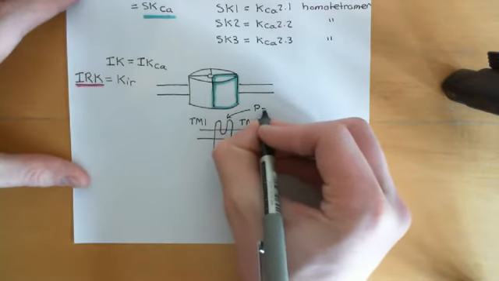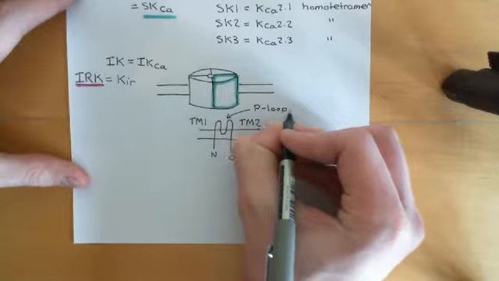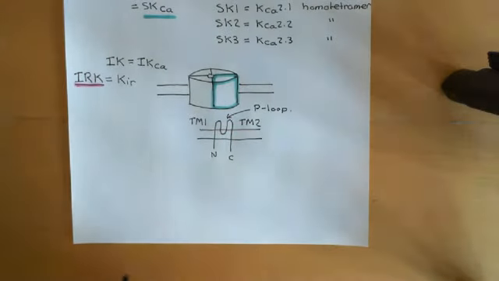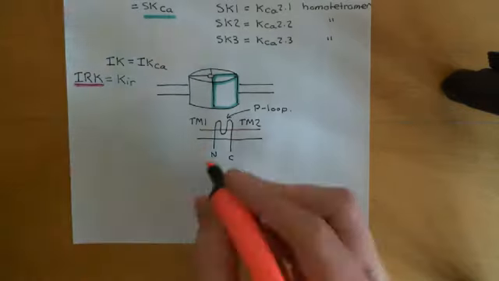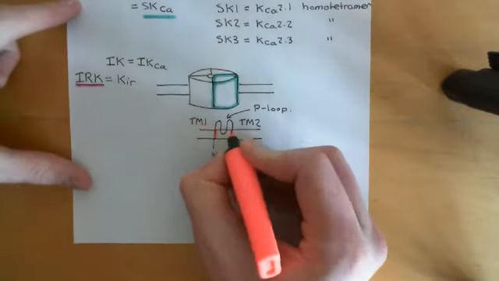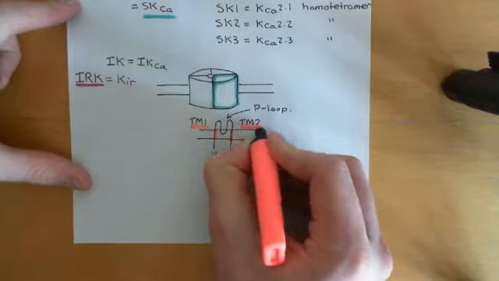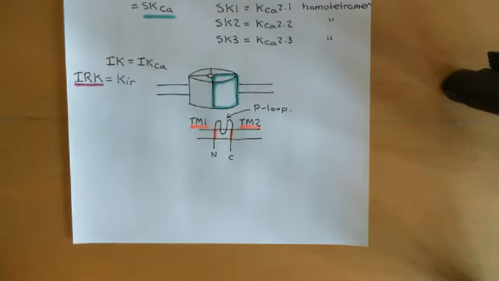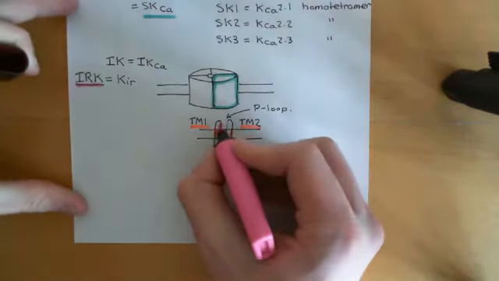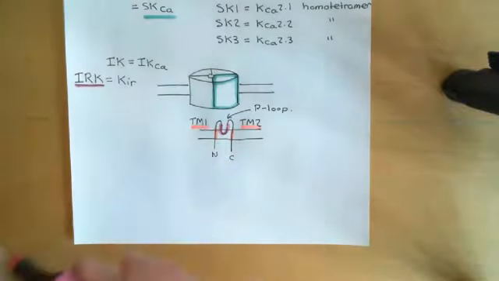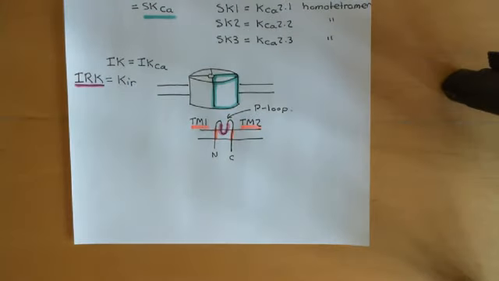Then you've got the p-loop in between. This basically is just like the pore-forming domain that we saw of the voltage-gated potassium channels and also of the calcium-activated potassium channels. Let me just highlight these different portions. Here's TM1 in red and TM2 in red, and then we've got the p-loop in purple. You put 4 of these together to make a tetramer, and that's your inward rectifier potassium channel.